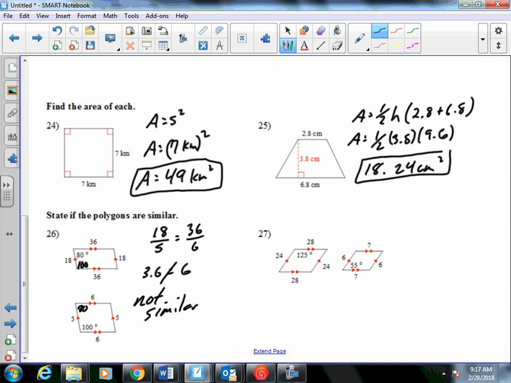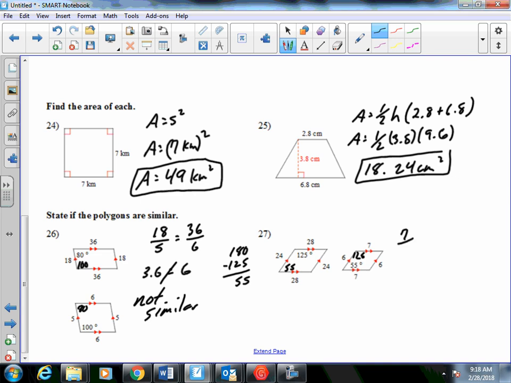So in 27, you got 125, and 180 minus 125 would be 55. So that leaves 55 for the bottom angle. Over on the other one, you got 55 for the bottom angle, which means it'd be 125 at the top. So the angles match up. And then check the proportionality of the sides.